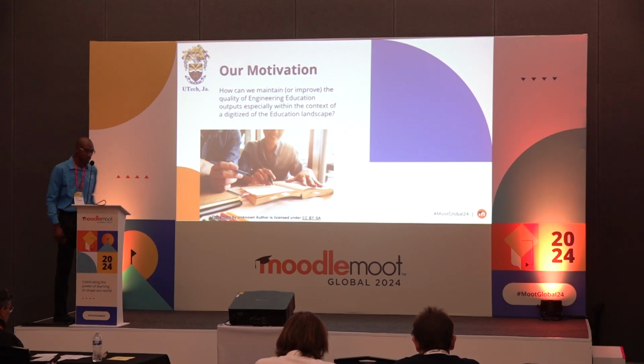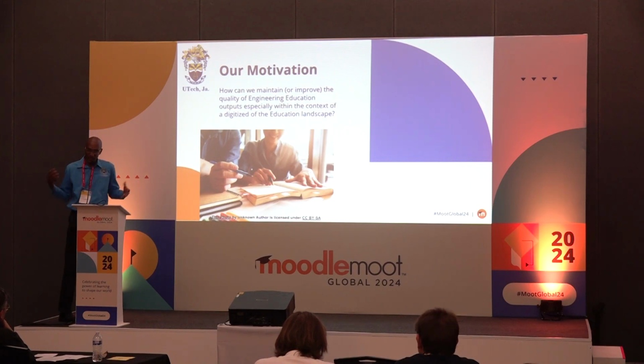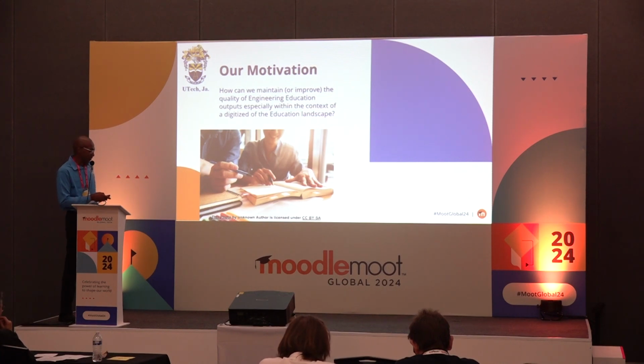In physical engineering, chemistry, physics, biology, environmental matters, there's a physical element to engineering, and so there's a need to capture and maintain some things while we're improving and transitioning or adapting to the digital space.